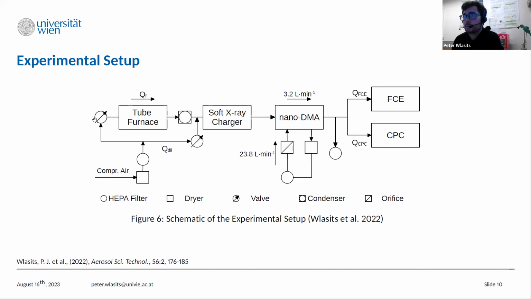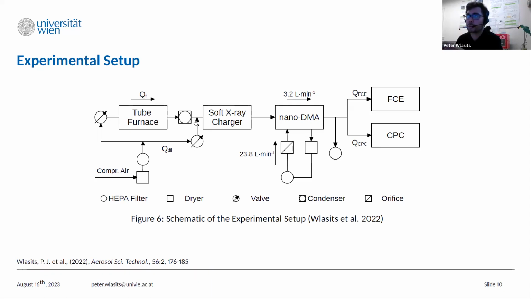The compressed air was then passing the tube furnace, where the homogeneous nucleation occurs. And in order to enhance particle production, we put a Liebig type condenser downstream of the tube furnace, which is basically just a glass tube that is flushed with cold water.